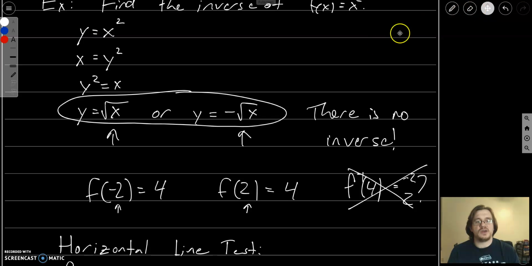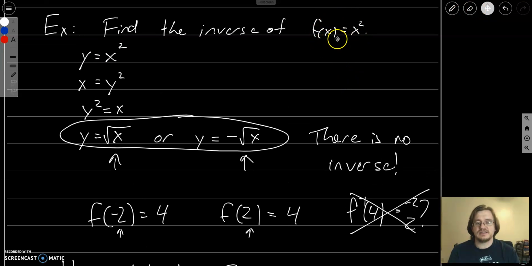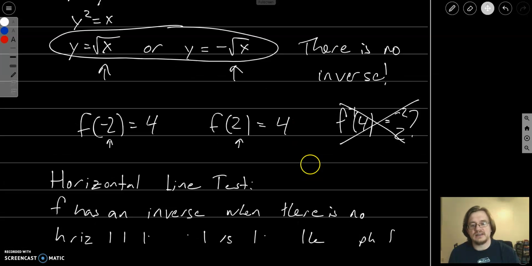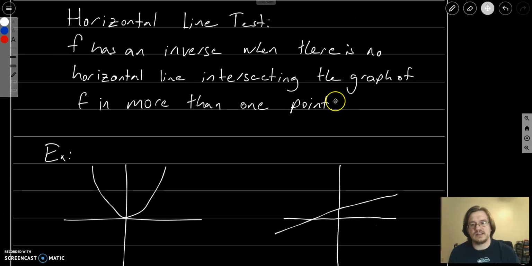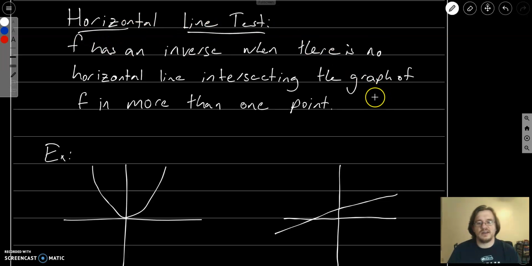So there is a quick way to see whether or not a function will have an inverse, and it is called the horizontal line test. And it's very, very simple. You draw a horizontal line through the graph. If it intersects it at more than one point, no inverse.